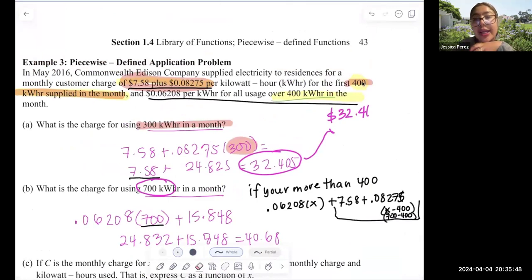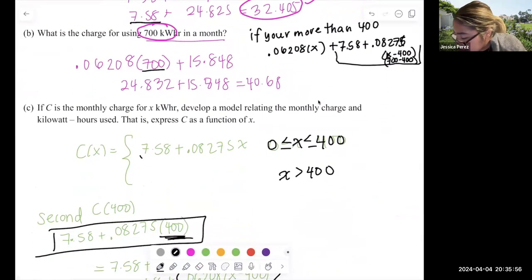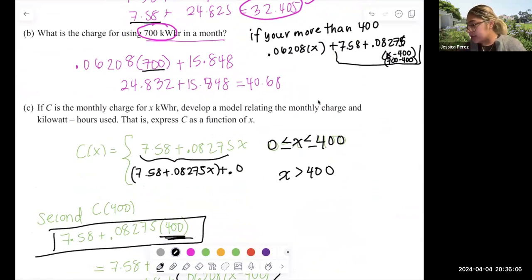And so you're going to have to add the remaining over 400. So that's what we had initially. You're going to take this and add it to this plus 0.06208, and then the X minus 400 business. So let me fix that.